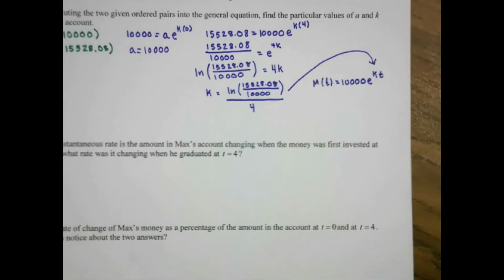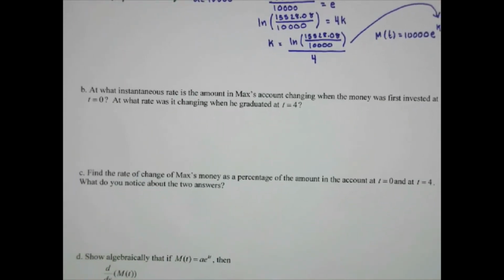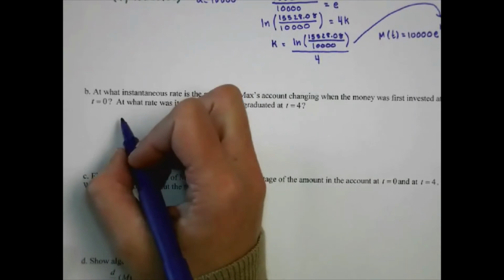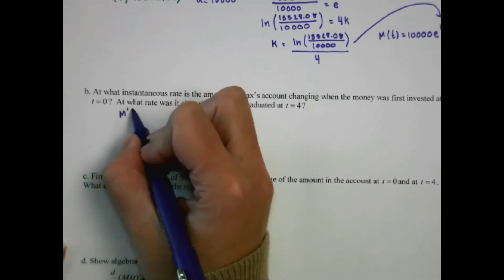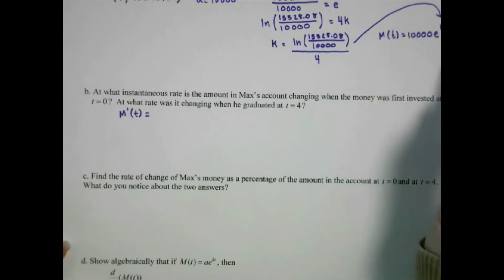So now we're going to use these to find different values. Okay, so it says that what instantaneous rate is the amount of Max's account changing when the money was first invested at t equals 0. So let's take the derivative of this whole thing.